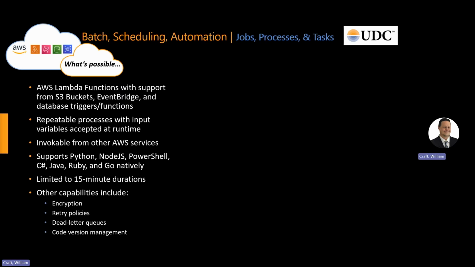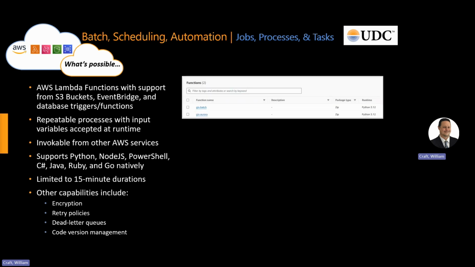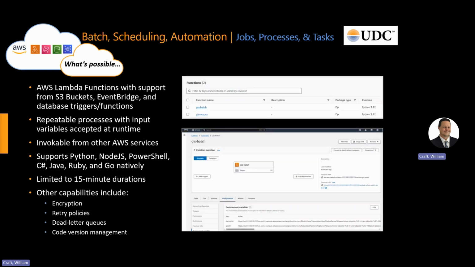The fourth, fifth, and sixth enterprise system components we looked at were combined due to their close relationship with one another. These components are the batch jobs, the scheduled processes, and the automated tasks of an enterprise system. For an enterprise GIS, this can mean a lot of different things.